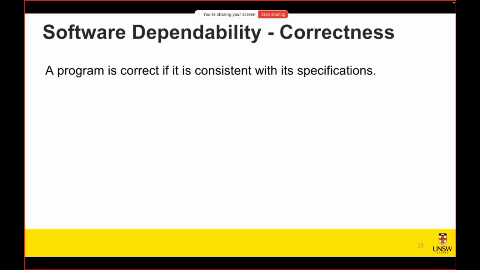If we say something is correct, then there must be some golden standard, some baseline we are talking about. We need to say that this is correct because it matches the golden standard. And the golden standard here for software correctness is the specifications of the software.